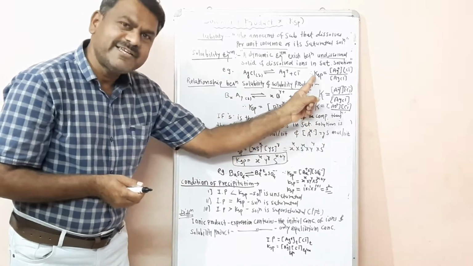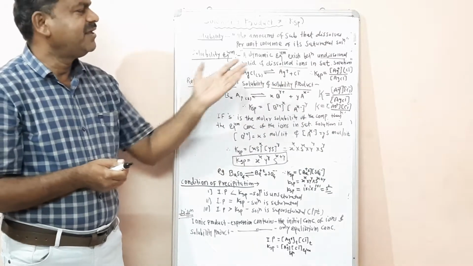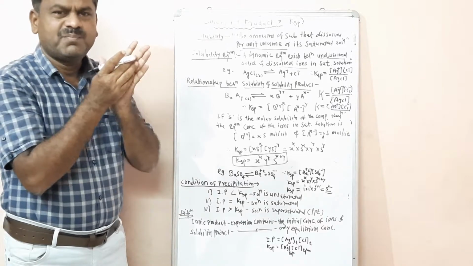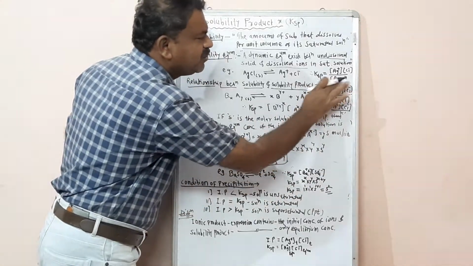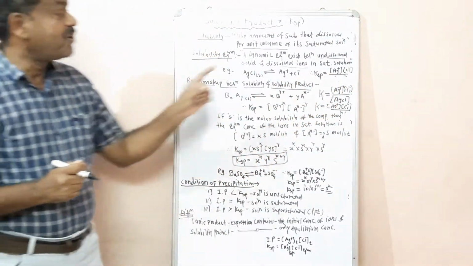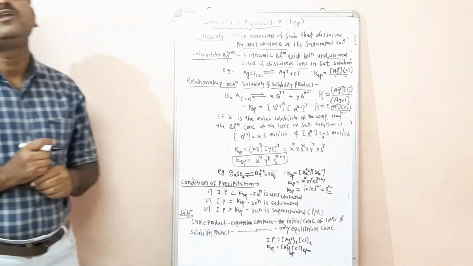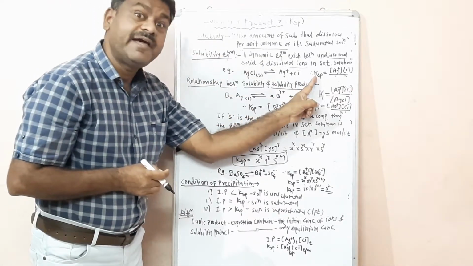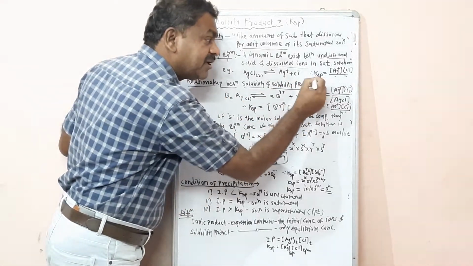Solubility product Ksp is equal to the product of the molar concentration of Ag plus and the Cl minus ions. This is the solubility product Ksp; K into K dash is nothing but the Ksp.